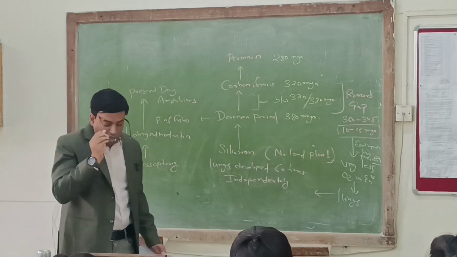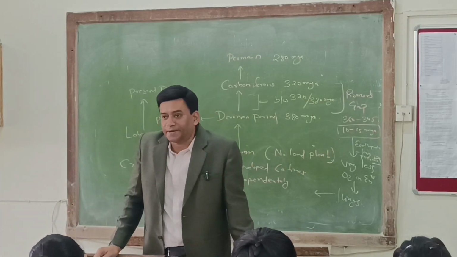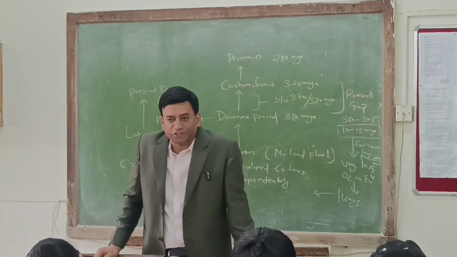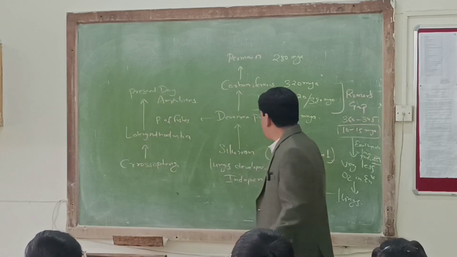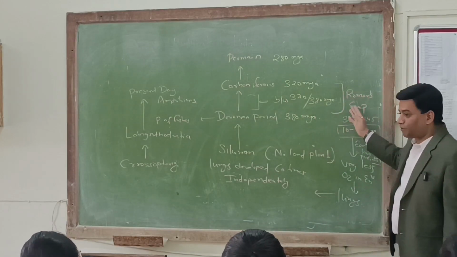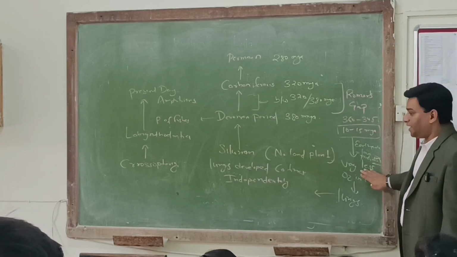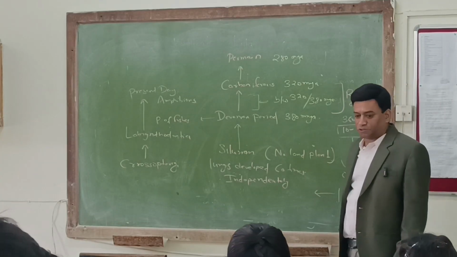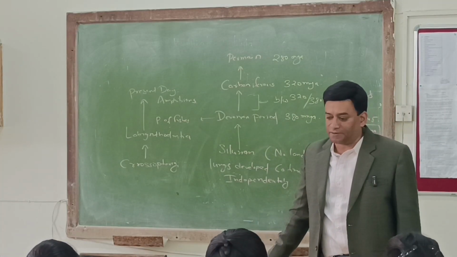So in your answer you have to also write what were the conditions that compelled the fishes to come on the land. And the situation was that during the Devonian period to the Carboniferous period, there was a gap which is called Romer's gap of near about 10 to 15 million years, where the concentration of oxygen reduces to such a level that it is almost hard to respire inside the water.